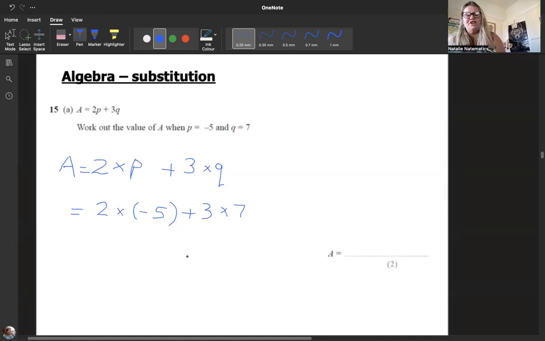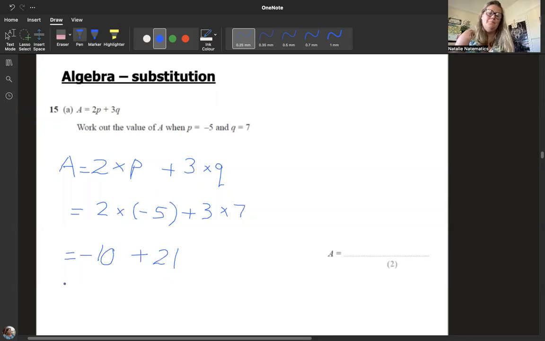Right, so I've done the substitution. That'll be 1 mark. And then what we're going to do, we've got to do the calculation. So get a calculator. 2 times -5. We are at -10. And remember your calculator. Okay, -10. And we've got plus 21.